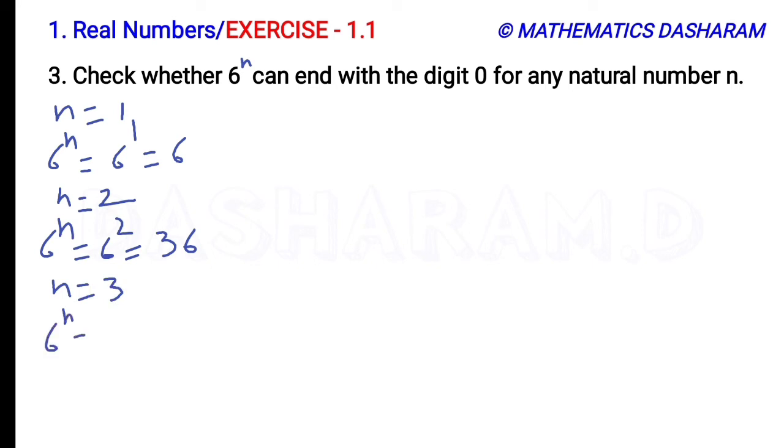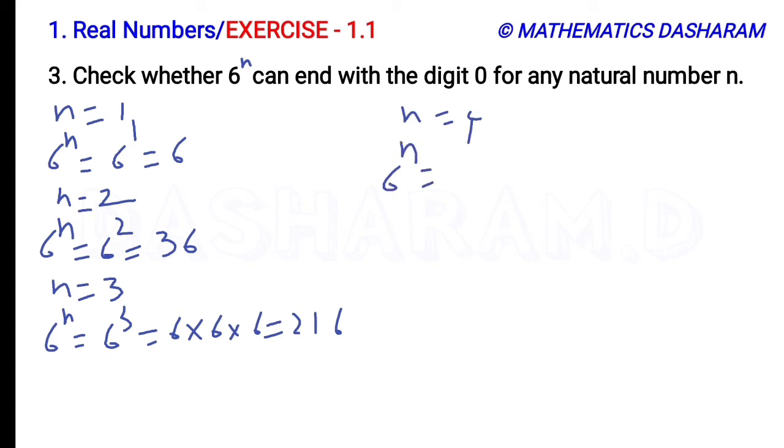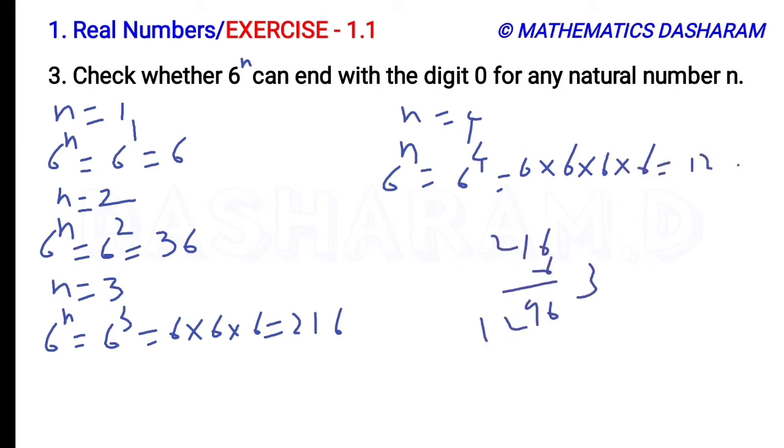Let n equal 3. Then 6 to the power of n equals 6 cube. So 6 into 6 into 6, 216. Let n equal 4. Then 6 to the power of n is 6 to the power of 4. 6 into 6 into 6 into 6 equals 1296.